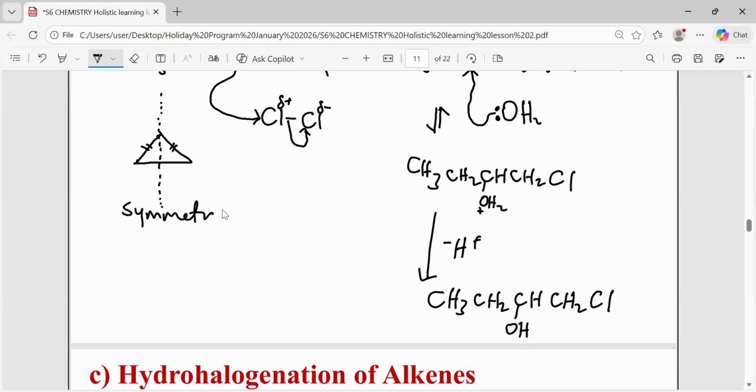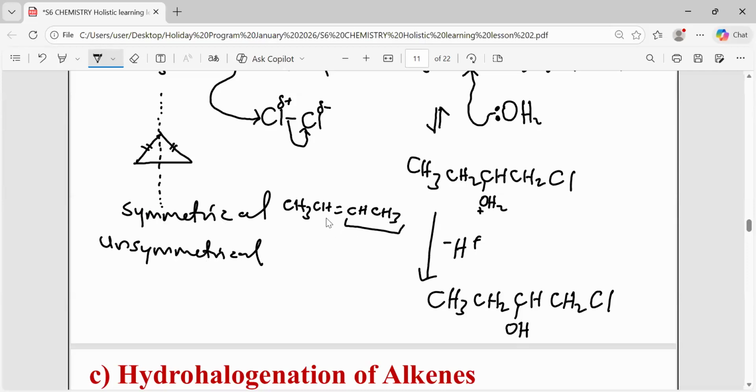So when you say symmetrical and unsymmetrical, for example, butene, we can have but2 and but1. So but2 becomes symmetrical. You look at this. Where the double bond is, what is on the other side is the same as what is on this side.